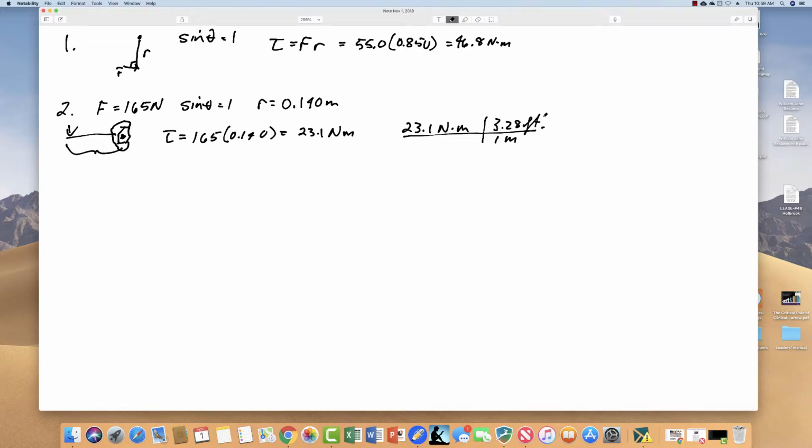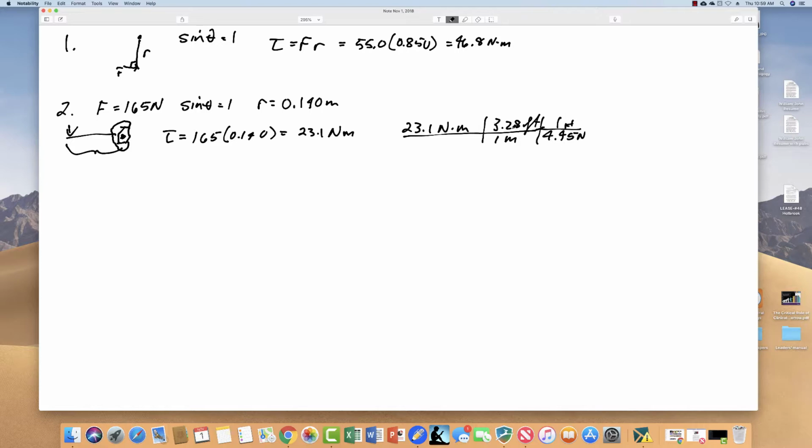And 1 Newton is how many pounds? The better way to do it here is to say that 4.45 newtons is equal to 1 pound.